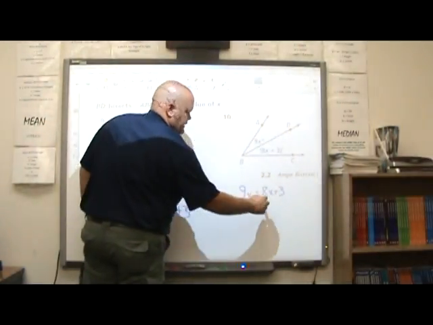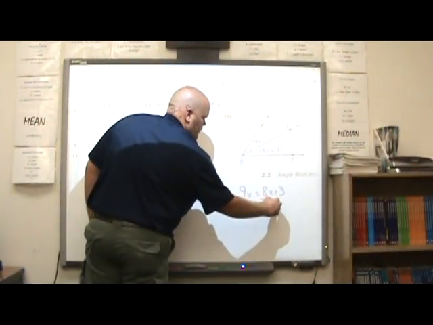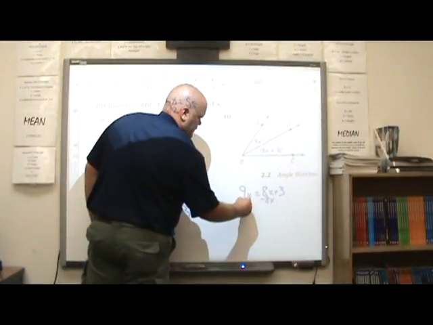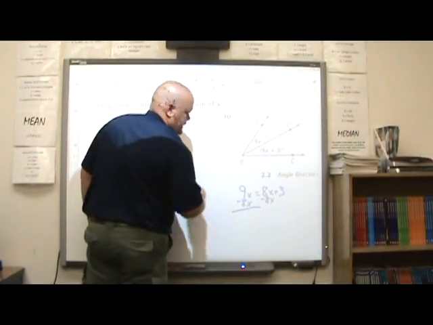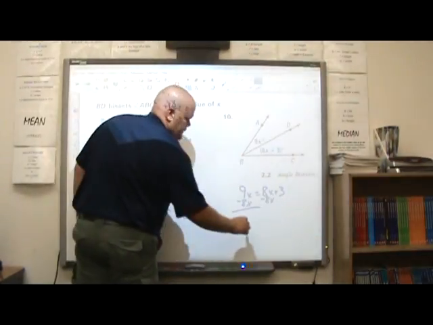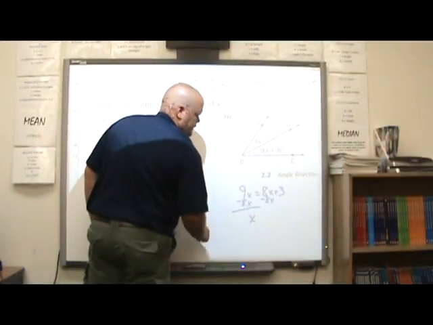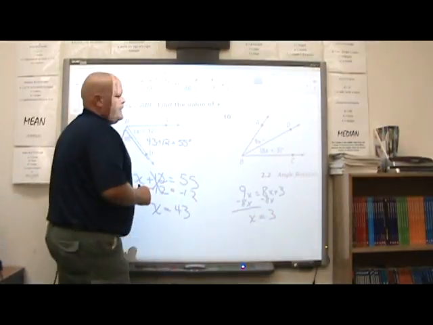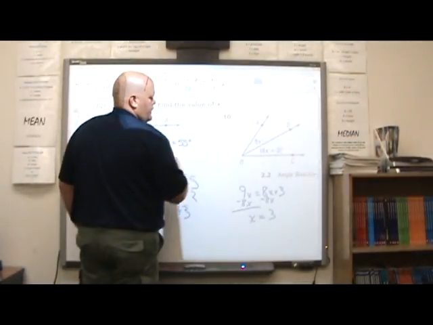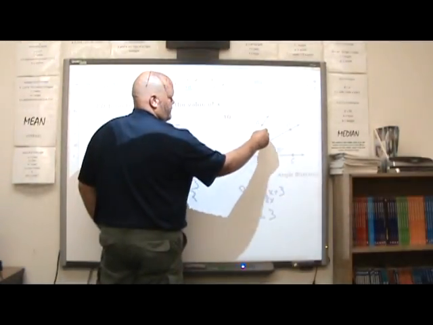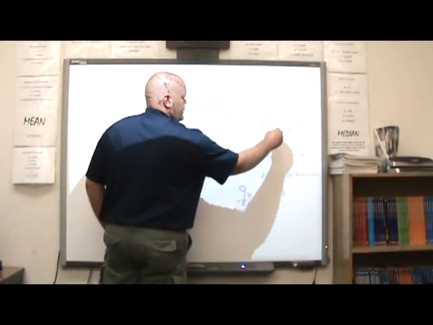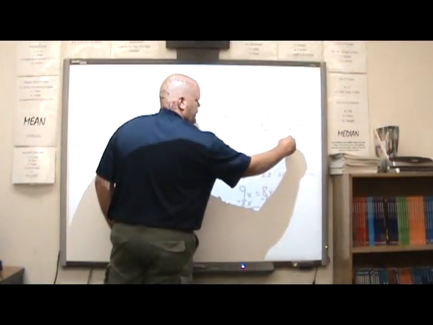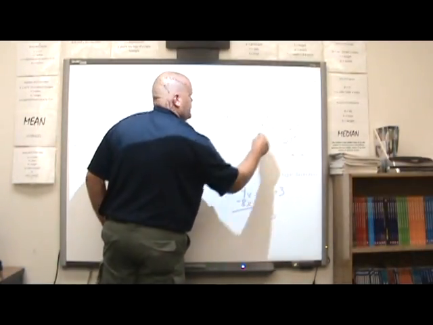So what I want to do is get these variables along with this number or coefficient, get them to the same side so I can determine what X is. 9 minus 8 equals 1x or X. I'm left with a positive 3 over here, so X equals 3. So if I plug 3 into each portion, 9 times 3 is 27. 8 times 3 is 24. Plus 3, both of these angles measure 27 degrees.